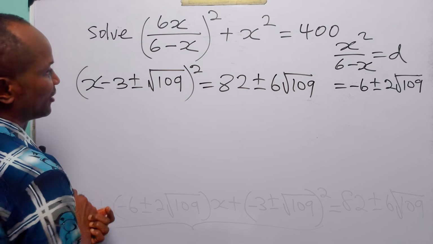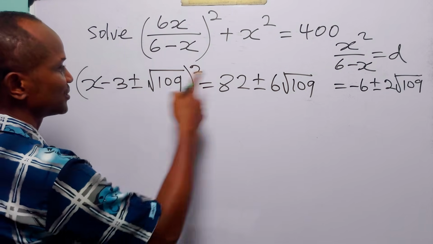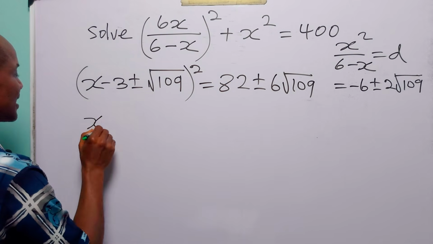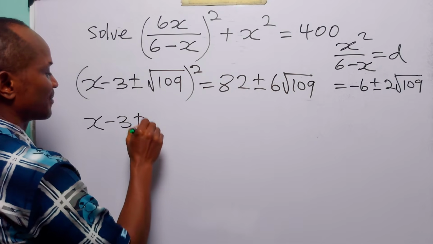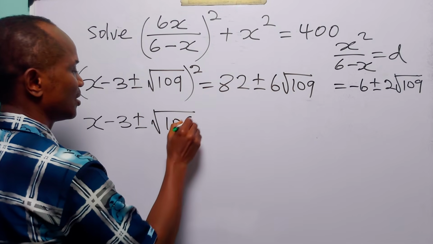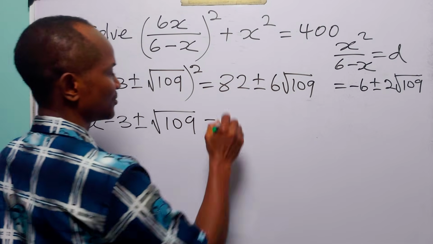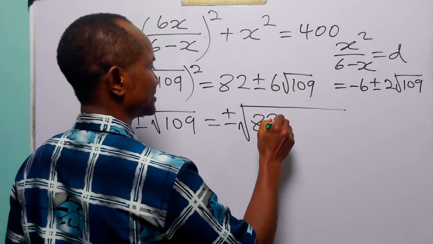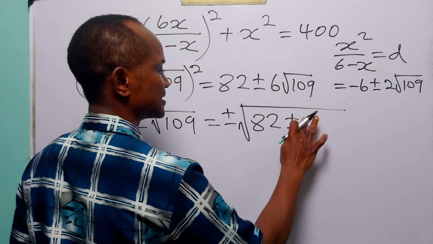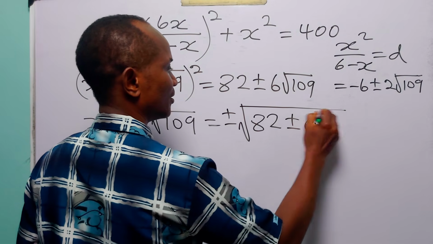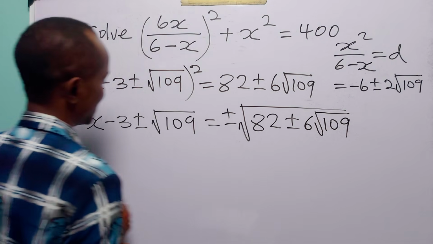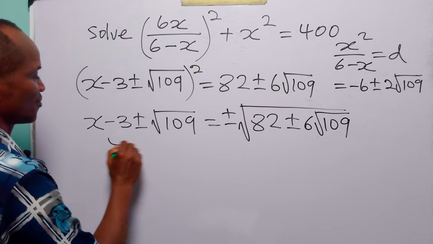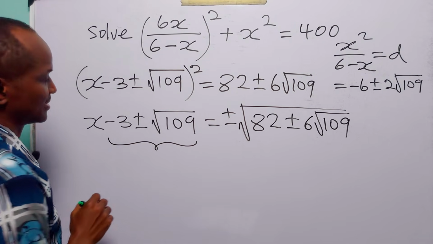And of course, now the next thing we are going to do is to take square root of both sides of the equation. When we do that, we have that x minus 3 plus or minus root 109 is equal to plus or minus the square root of 82 plus or minus 6 root 109. Now, to find all the four values of x, we move this over to the right hand side.